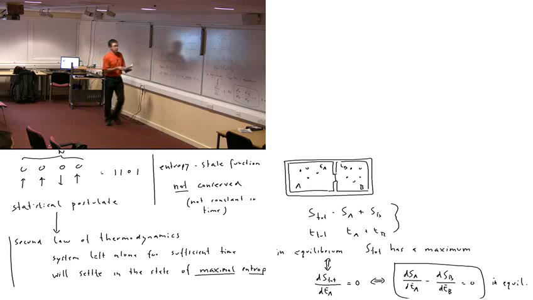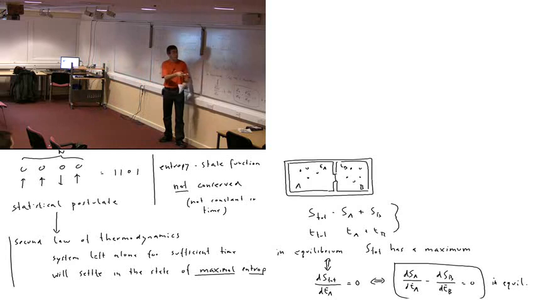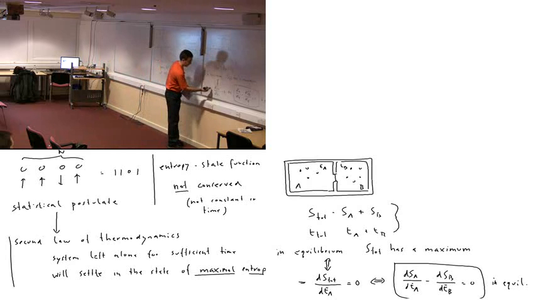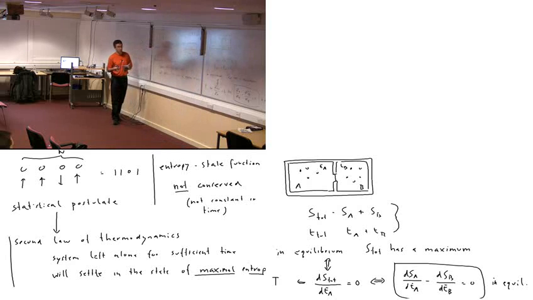So if I let these systems exchange energy, at some point we will reach this state of maximal disorder, and at that state you also expect that there is a concept of temperature which you can associate to this system.